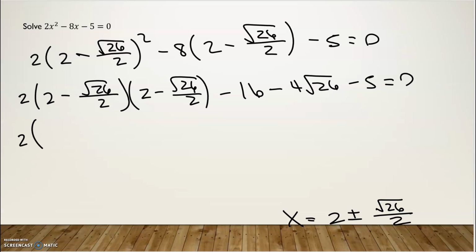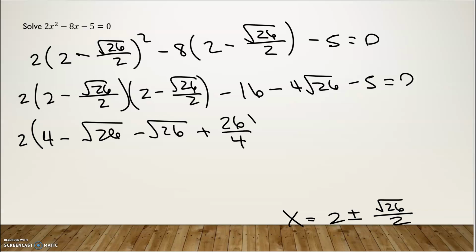Okay, 2 times, this will be 4, minus, actually the 2's will cancel out, so I just have a square root of 26. Okay, and then minus square root of 26 plus 26 over 4 minus 16 minus 4 square root of 26 minus 5 equals 0.